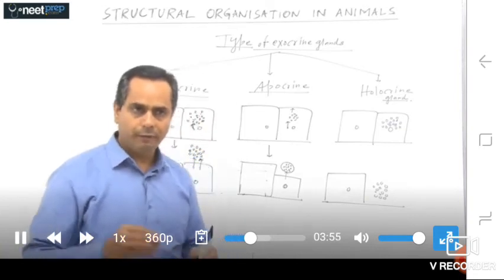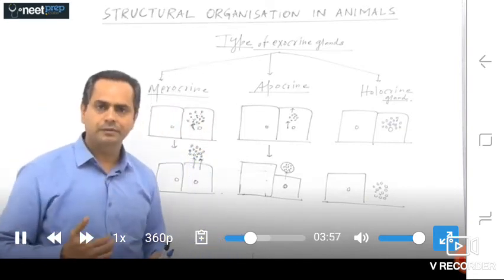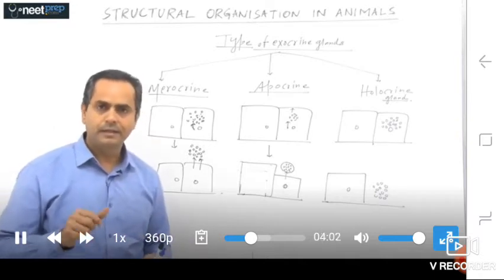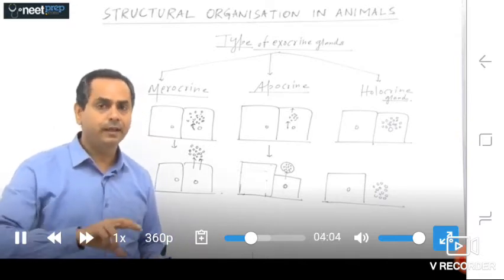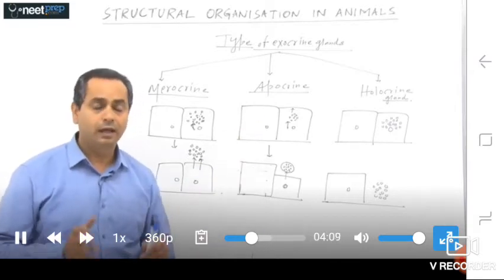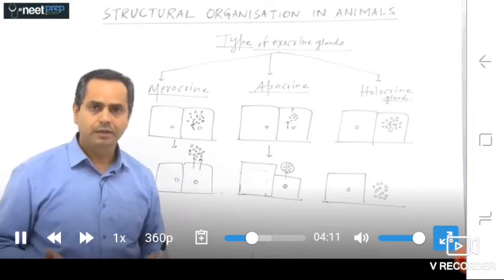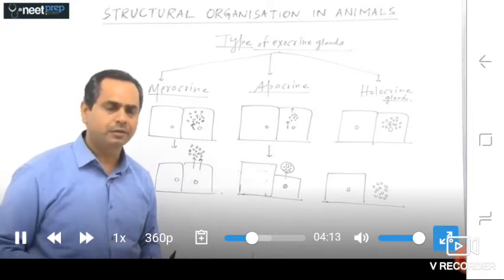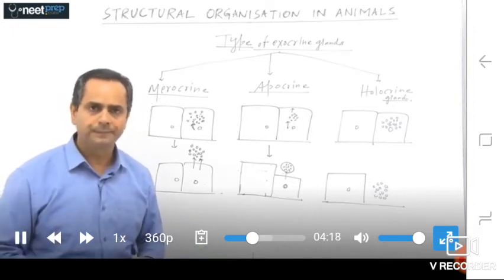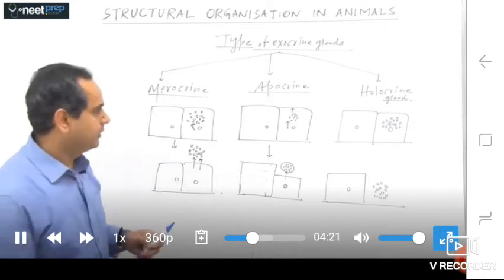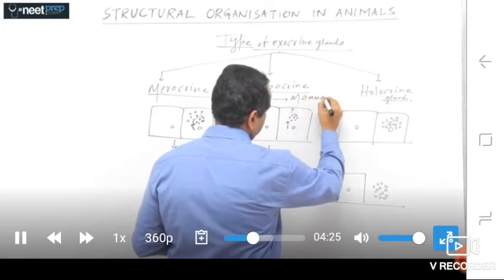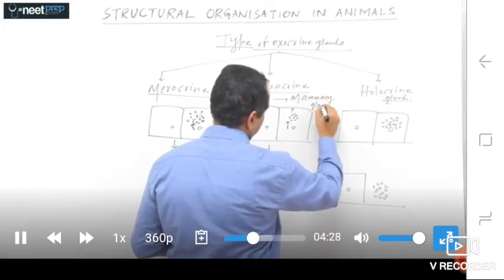So remember, if only the cell secretions come out, this is the part of merocrine gland. If the cell secretion comes out along with the apical membrane of the cell, this is called apocrine. And if all the cell bursts out and secretions come out, this is the part of holocrine gland. And remember, apocrine gland example is mammary gland.